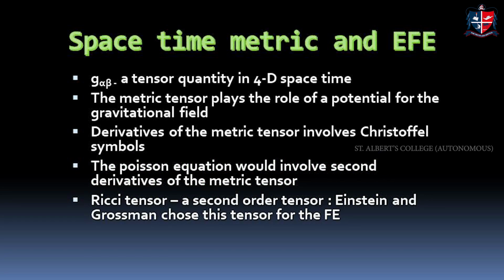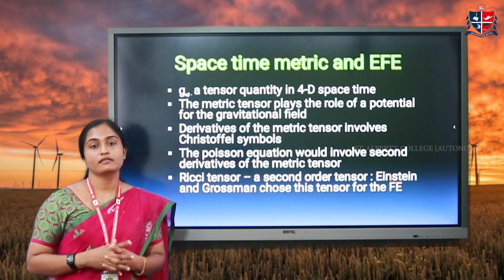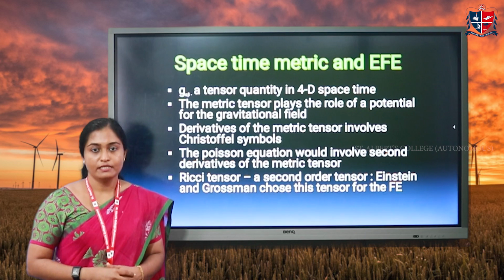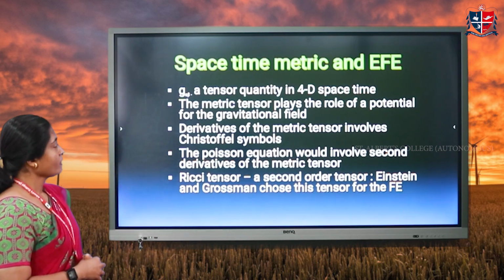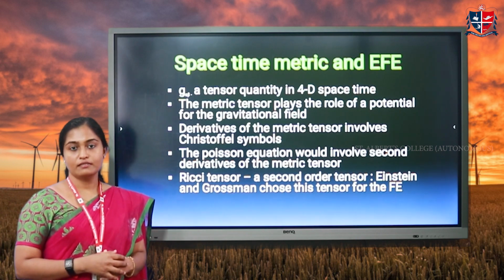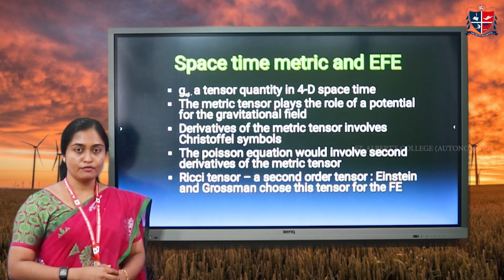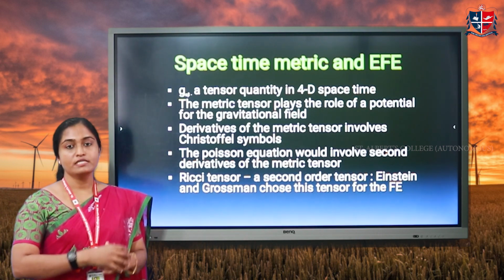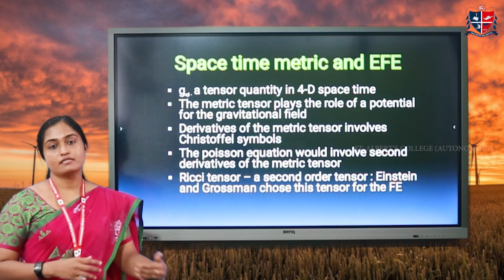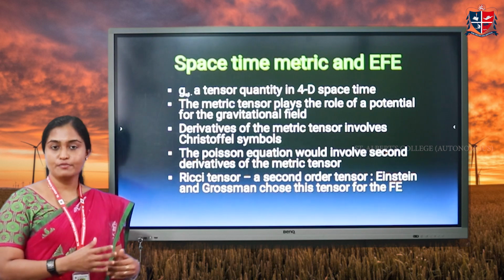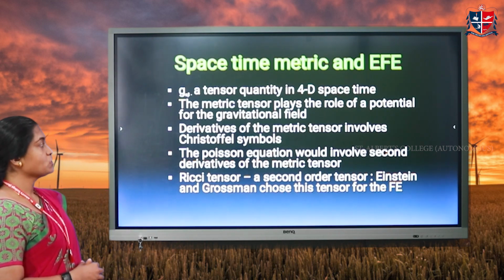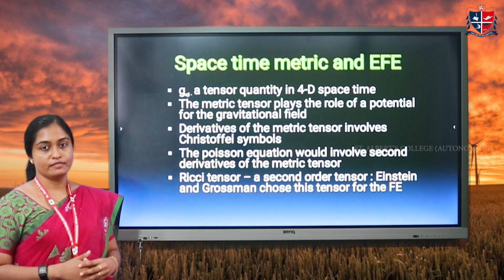Now, we can see the basic or fundamental tensor entity, the metric tensor. The metric tensor, denoted by g alpha beta, is a tensor quantity in a four-dimensional space-time. The fourth dimension is time, in addition to the three space coordinates. The metric tensor plays the role of a potential for the gravitational field.